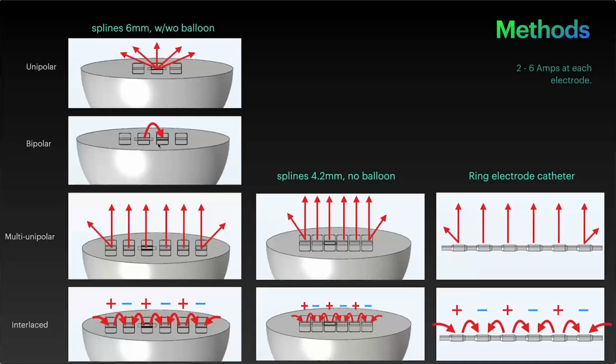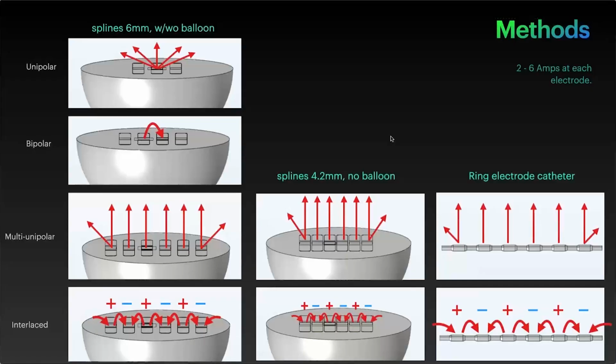Bipolar, from one electrode to the next. Multi-unipolar means electrodes all energized simultaneously to the patch in the back of the patient. And then we have the interlace system, which is also used in current RF systems, in which the polarity is alternated among the electrodes.